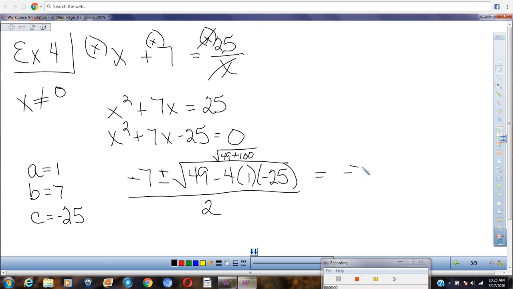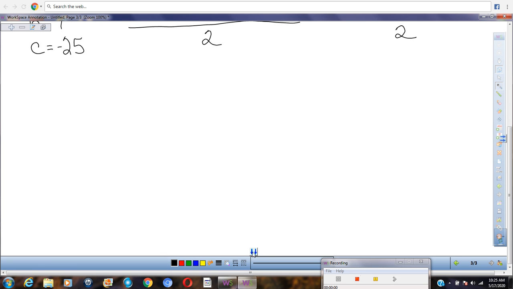We get negative 7 plus and minus the square root of 149 over 2. So in this case, we actually get 2 answers that will work. Neither one equals 0, so both of these are good answers. All right, example 5. A couple more to go.